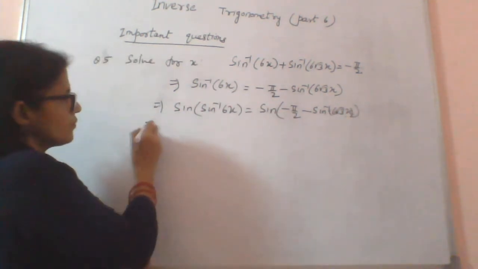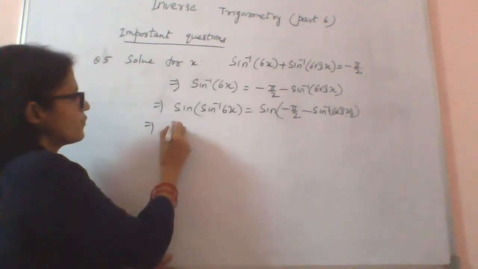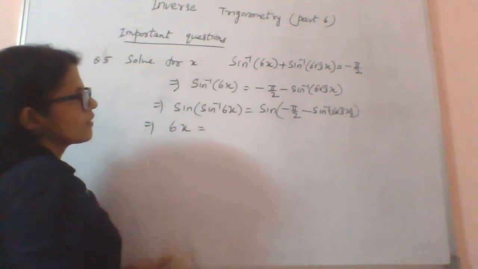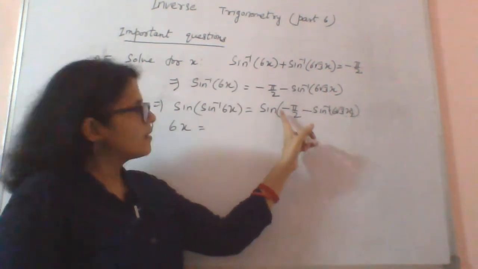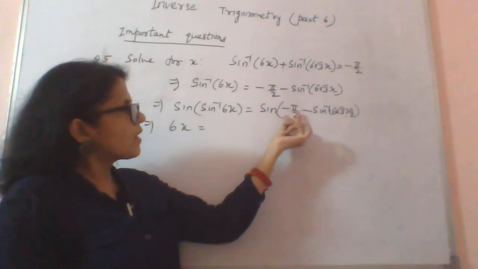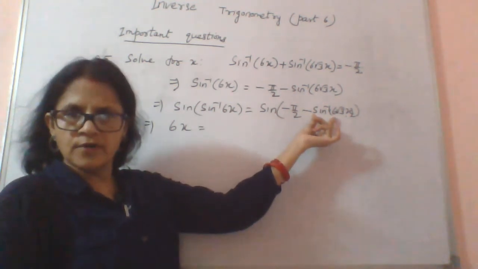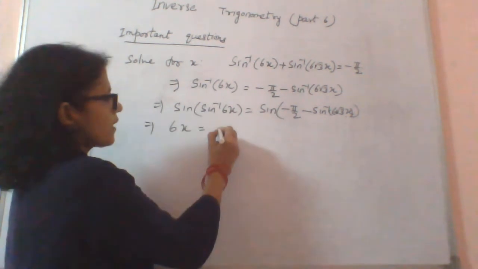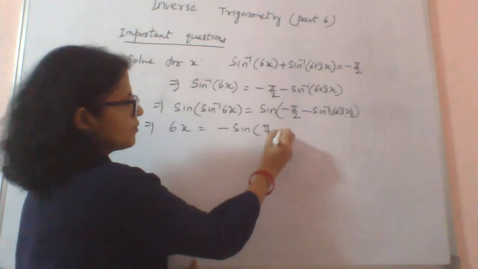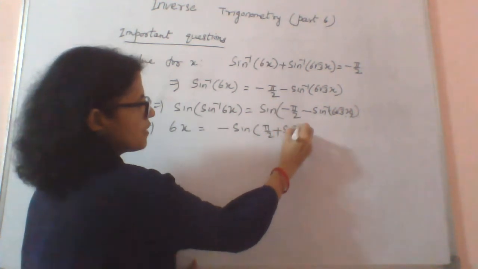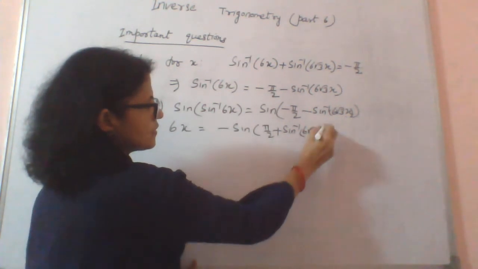Okay, so as we know, sine of sin inverse 6x is 6x. So here we are getting 6x equal to sine of minus of pi by 2 plus this. So sine of minus theta is minus sine theta. So if I write here minus sine of pi by 2 plus sin inverse 6 root 3x, it's fine.